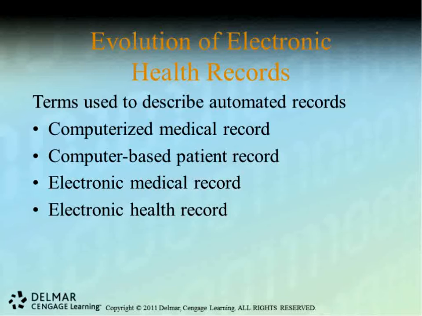When you look at Chapter 5 in your textbook, it talks about a couple of terms in terms of automated records. One being the computerized medical record. That was a term that was used mostly during the period of 1970 to 1980.